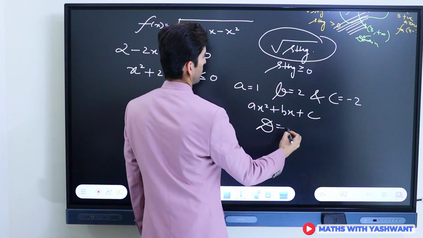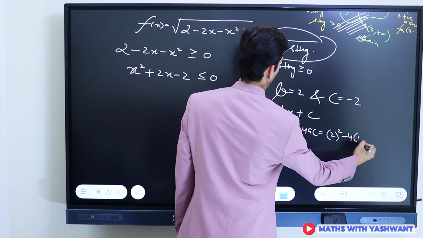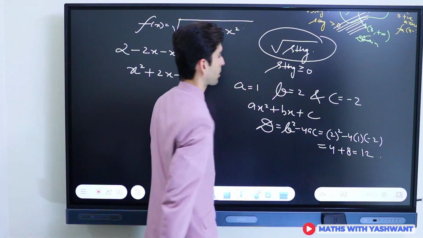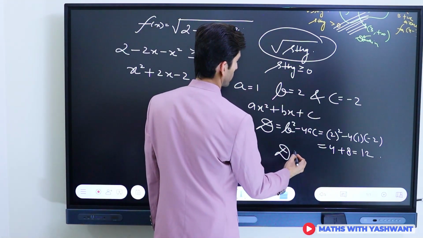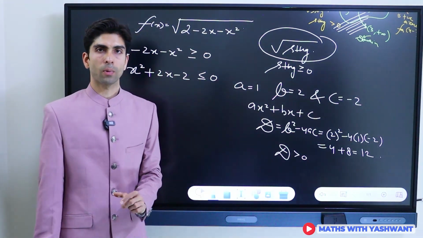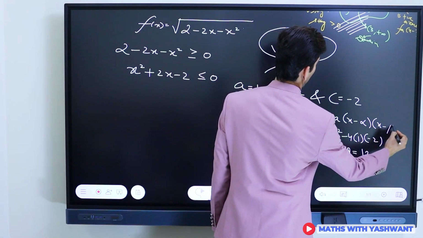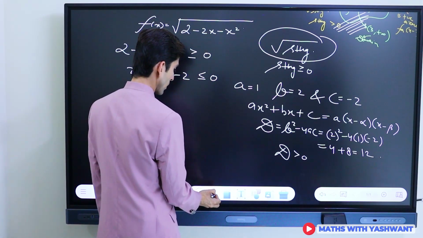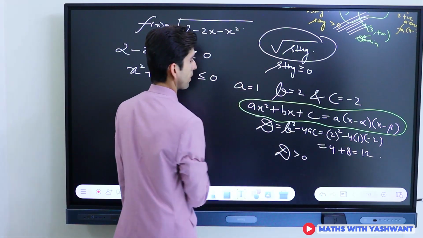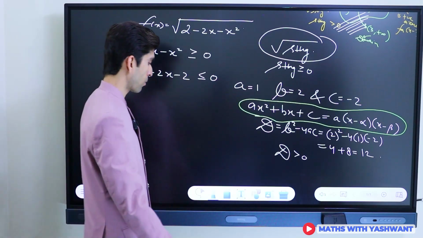And the d is b square minus 4ac. So 2 square minus 4 times 1 times minus 2. So it is 4 plus 8, it is 12. So discriminant is 12. If the discriminant is a positive number, then you can factorize the quadratic ax square plus bx plus c as a times x minus alpha into x minus beta, where you can find alpha and beta using the quadratic formula, and I hope that you are all aware of that formula.